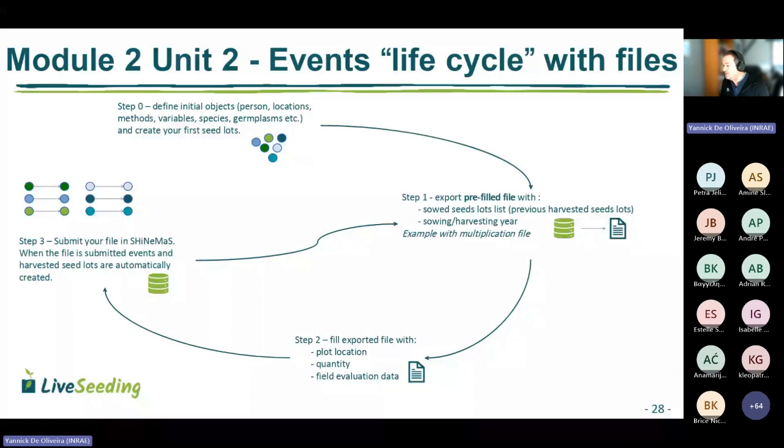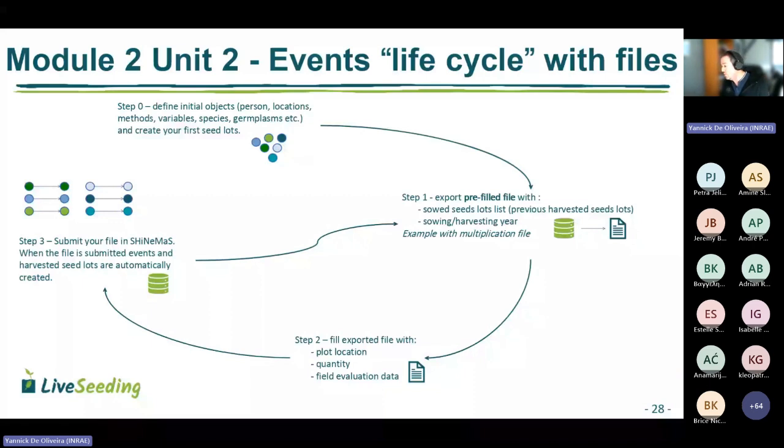And after this step, in step 2, you will have to fill the file. At this step, you are outside the web interface of SHineMas. You will work with your favorite spreadsheet software, Excel or LibreOffice or another one. And you will fill the information that we can't pre-fill in SHineMas.